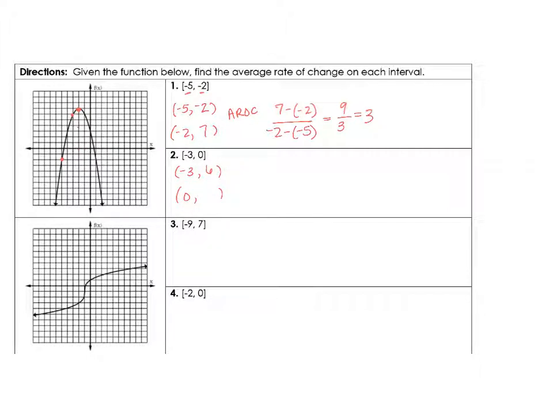And then at 0, it looks like we're at 1, 2, 3. So now doing our average rate of change formula, we're going to have 3 minus 6 over 0 minus -3. And so here we end up with -3 over 3. So our average rate of change is -1.